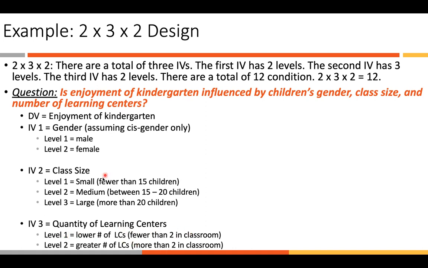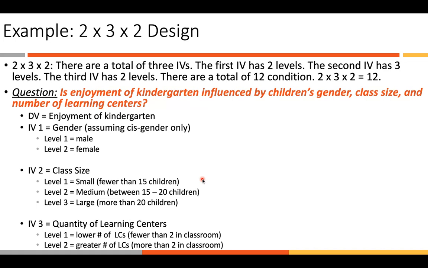Now, it's worth noting that these decisions about what variables to include, how many levels of each variable to have, and how specifically we define the distinctions between those levels are just decisions that the experimenter is making. There are not necessarily any a priori right or wrong answers about which variables you should include and what the levels should be or how many levels there should be. But what researchers should be doing is going back and looking through the literature.